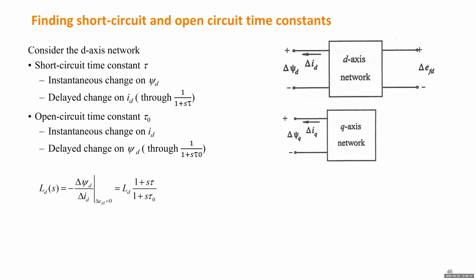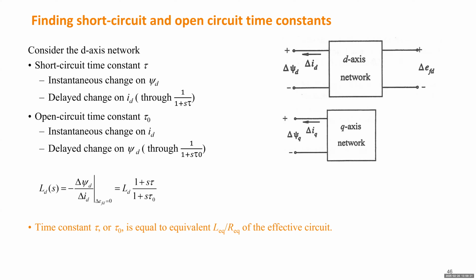So when you combine both, you have this one. If you have flux divided by current, you have tau 0 on the right hand side in the denominator. But if you flip this one, you have current divided by voltage, so tau will be on the bottom and become the time constant. So to model how LD changes with dynamics, it has to satisfy this form. So far, we don't know what that tau is, but it has to meet this condition.